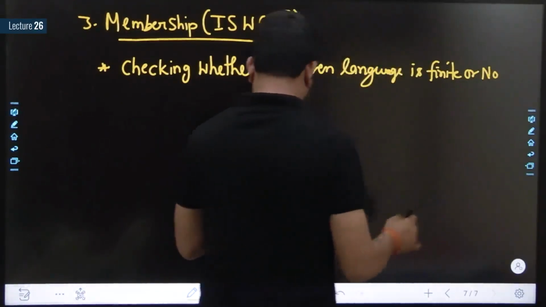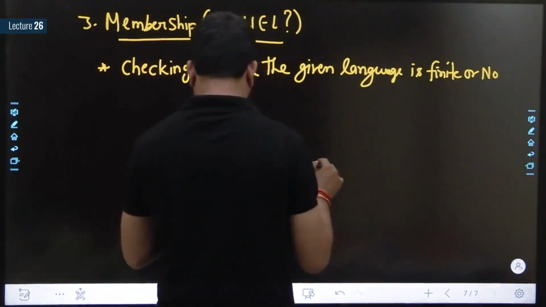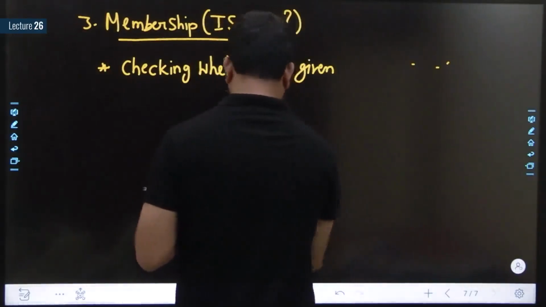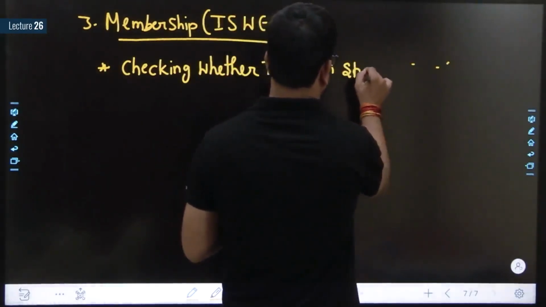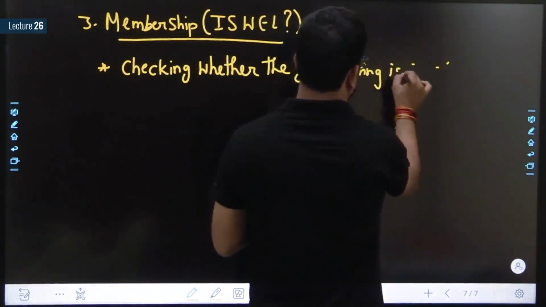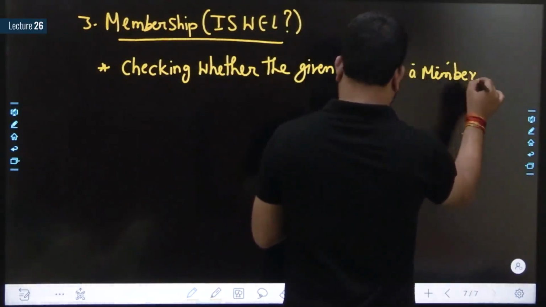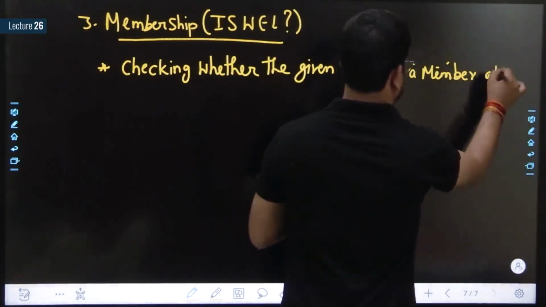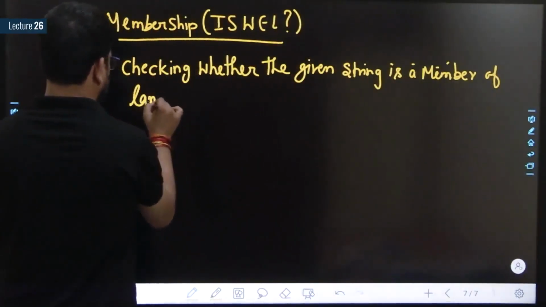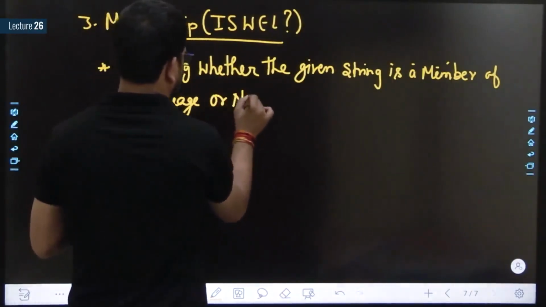Sorry. Checking whether the given string is a member of the language or not.